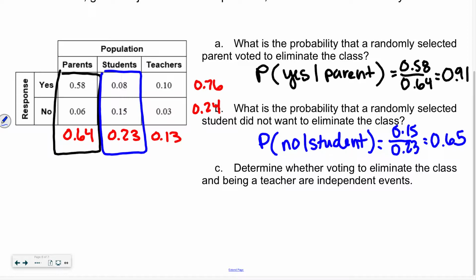What's the difference between independent and dependent events in terms of their formulas from yesterday? Like the probability of A times the probability of B. Mm-hmm. For dependent, it's the probability of A times the probability of B. Yep.